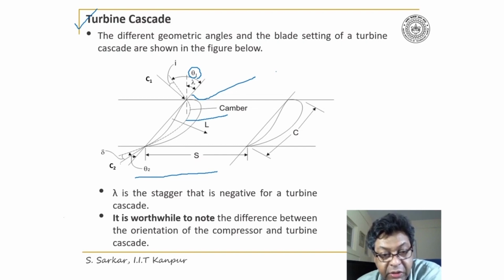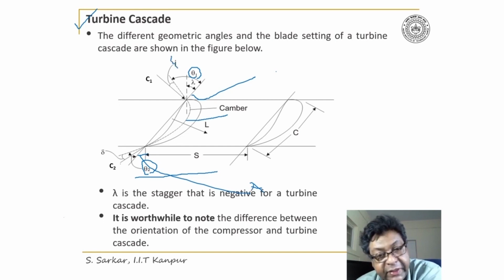Similarly, theta 2 has been shown at the trailing edge, which is the angle between the camber and the chord line at the trailing edge. And this is also lambda at the trailing edge.